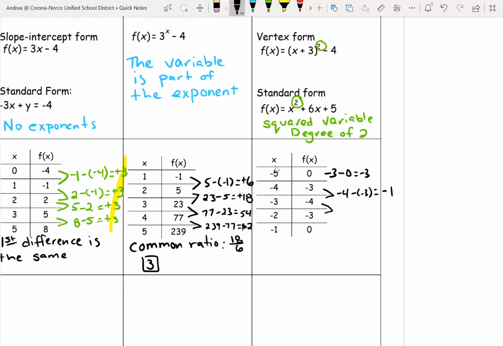Then -3 minus -4. Oh yeah, sorry, change your -3s, I forgot. Again, more typos. Yours says -1, change them to -3s, or else that wouldn't be quadratic. So that gives me +1. And then 0 minus -3 is 3.